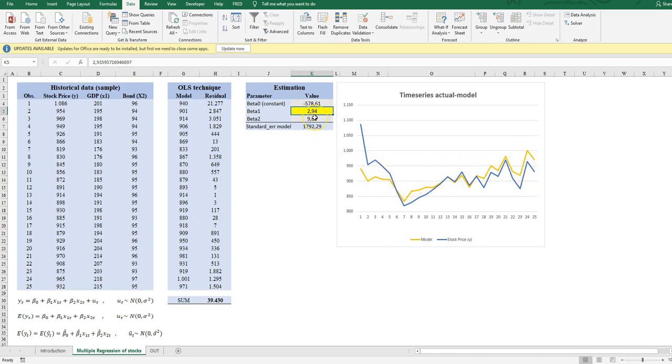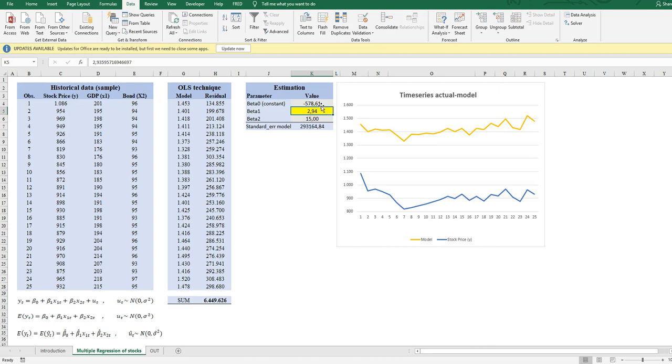This should be the optimal model in terms of minimizing the differences between the blue and the yellow. I'll just try to type 15 in and see, quite sensitive. Okay, just solve again.